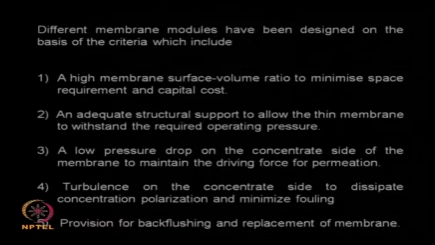I should also have the provision for replacement of the membrane, because you may be doing back flushing many times, but after some time the membrane has been fouled so much there is no hope of recovering its performance, so we may have to replace it. There have to be facilities for performing this type of job as well.